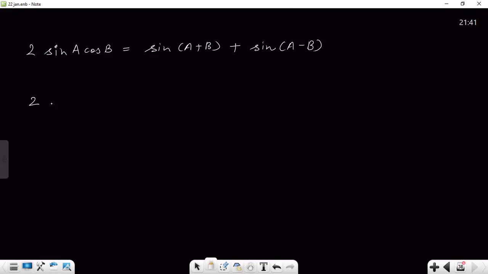If you have two same trigonometric ratios with different angles, then you may write cosine of (A plus B) plus cosine of (A minus B).